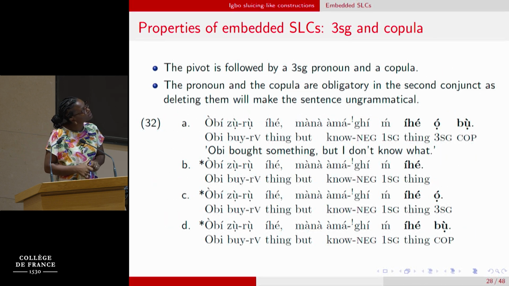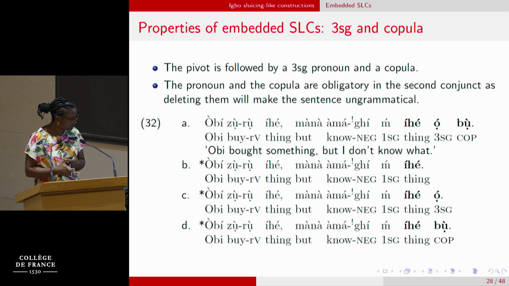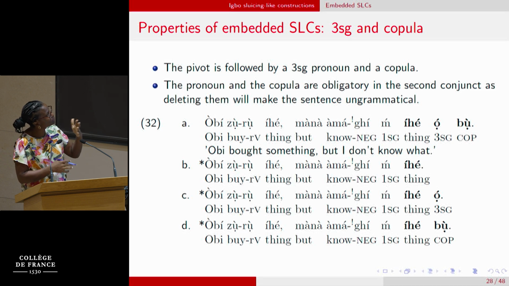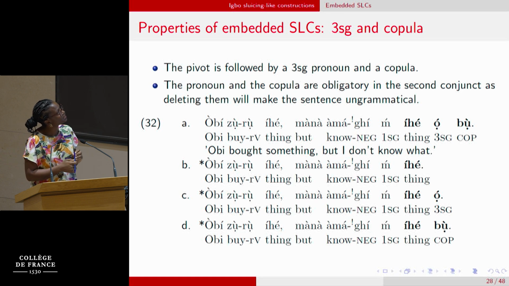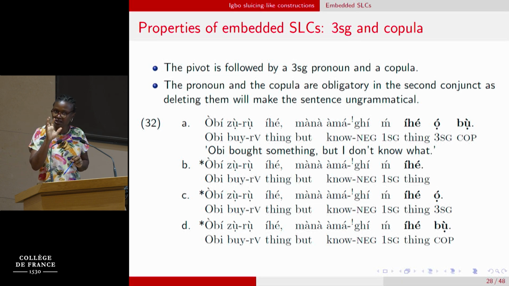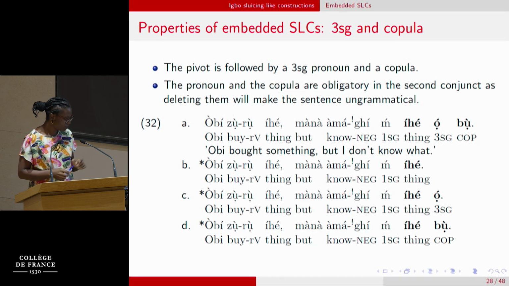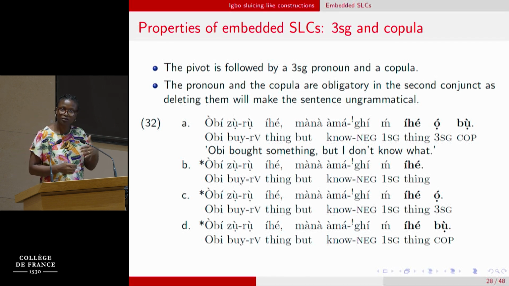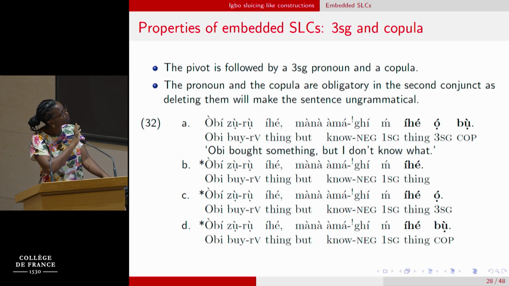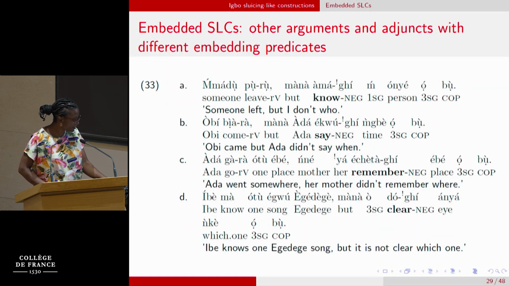So the first property of this embedded sluicing-like construction that we see easily is that, in addition to this indefinite like thing or person, the obligatory presence of the third person pronoun as well as the copula is also something that we see clearly.